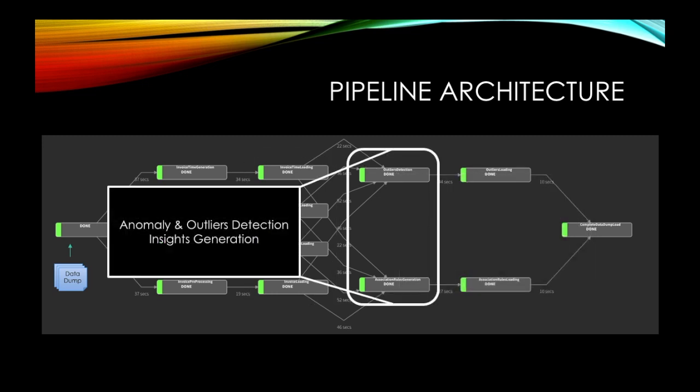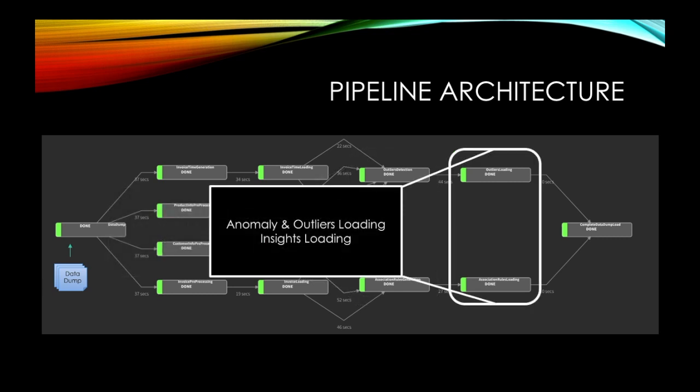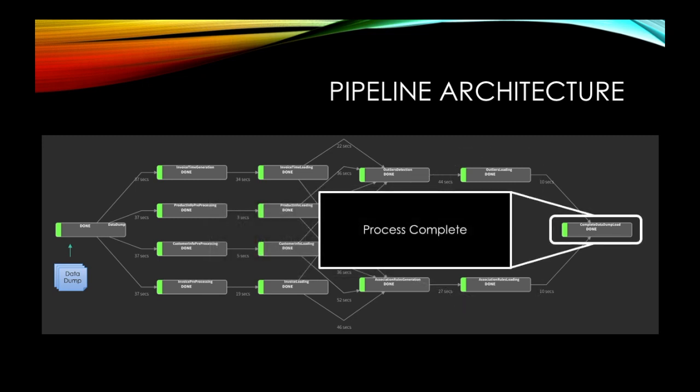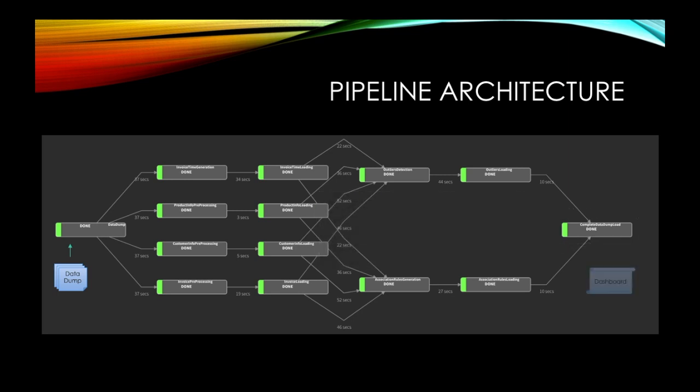These two tasks perform outliers detection and association rules generation. Once it's done, the results will be loaded into the database, and this is the final task which will notify the end result. And yes, the result can be viewed in the Metabase dashboard once it's done.